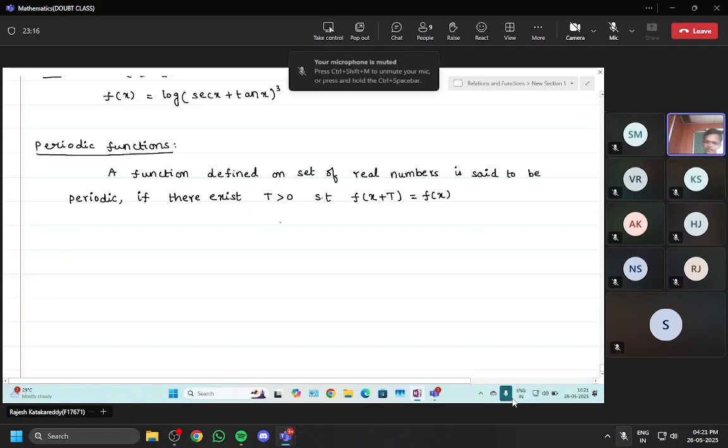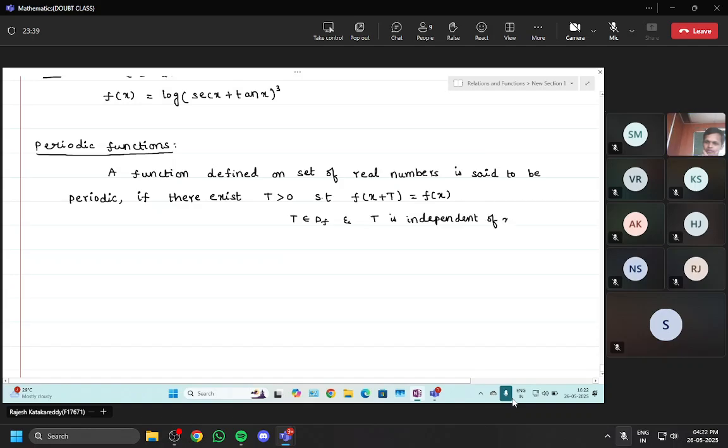So here there are two things you need to make sure about T. First, T belongs to the domain of the function, and T is independent of x. T is not depending on x. Clear? Now for example, if we take f of x is equal to sin x, from the set of real numbers to the set of real numbers.